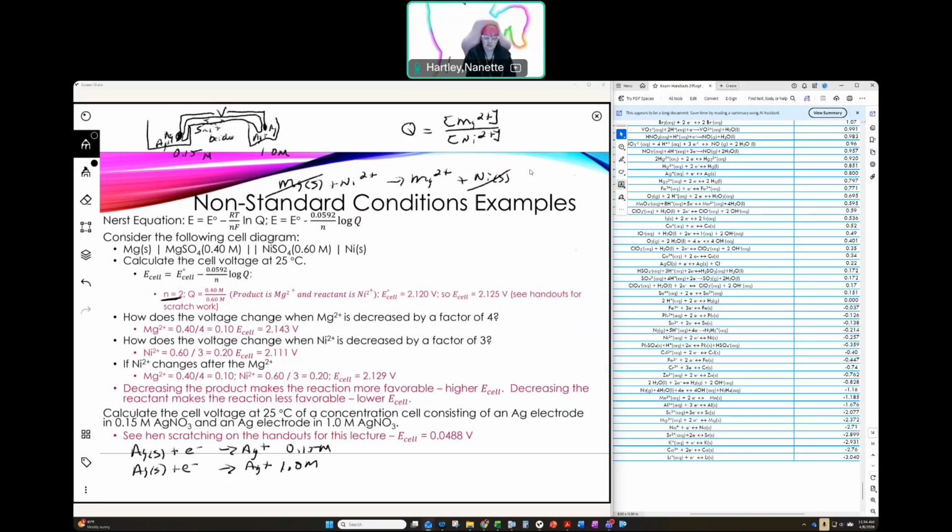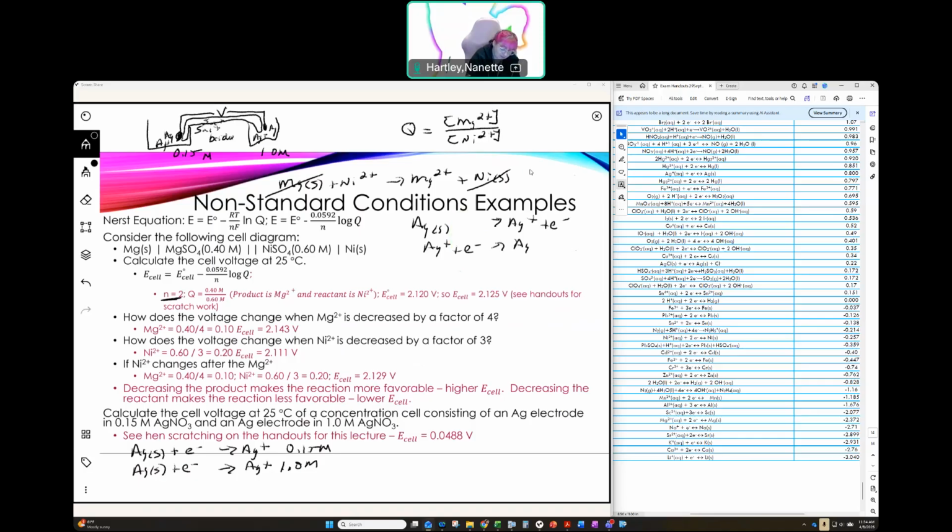Okay, interesting, right? So what would the E naught cell for this be? Well, one of these has to be the reduction, one has to be the oxidation, right? So if I have Ag solid plus an electron going to Ag+, and Ag+ plus an electron going to Ag solid.